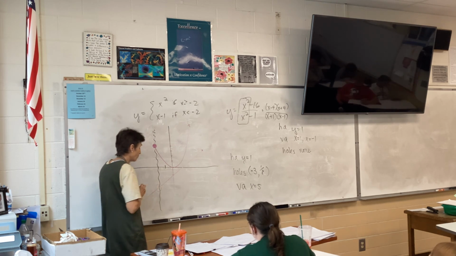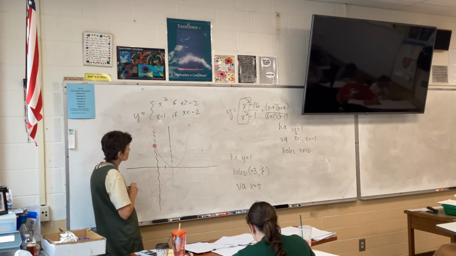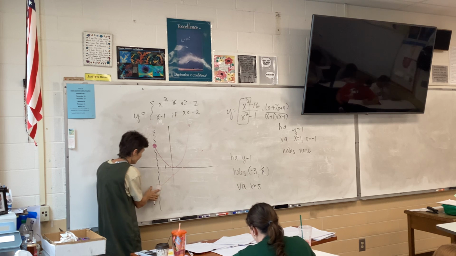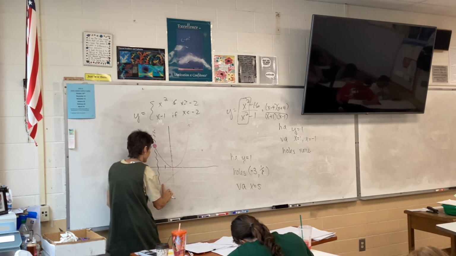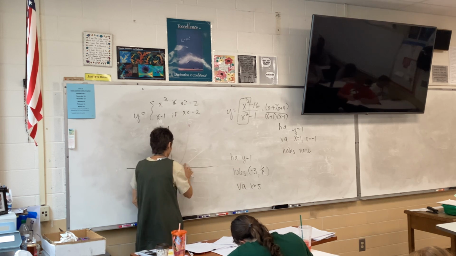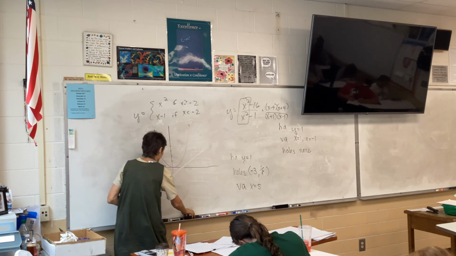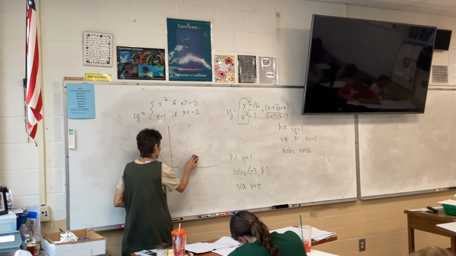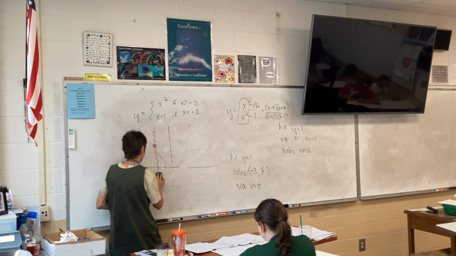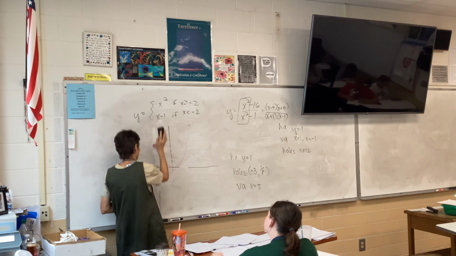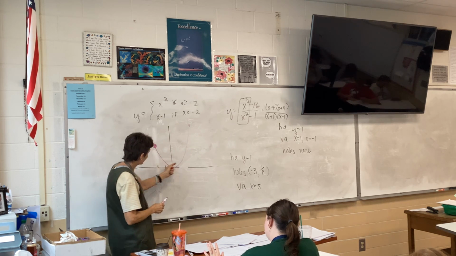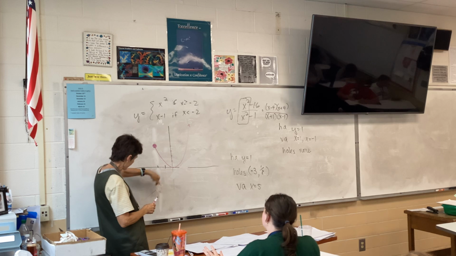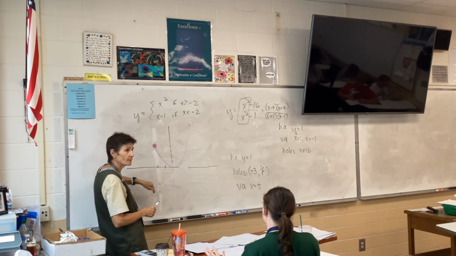There's my crossing point. Open. Keep the left, get rid of the right. Go ahead and erase my squiggly line. Got this chunk of parabola over here and this ray shooting down here.